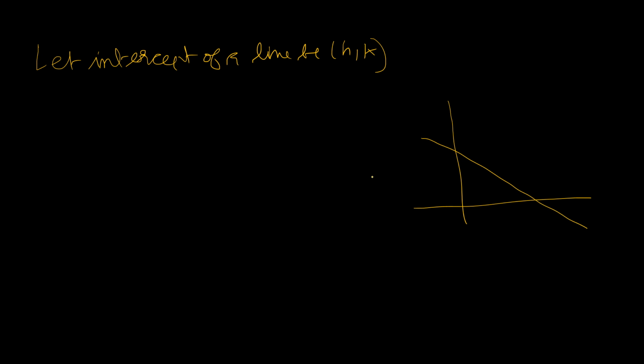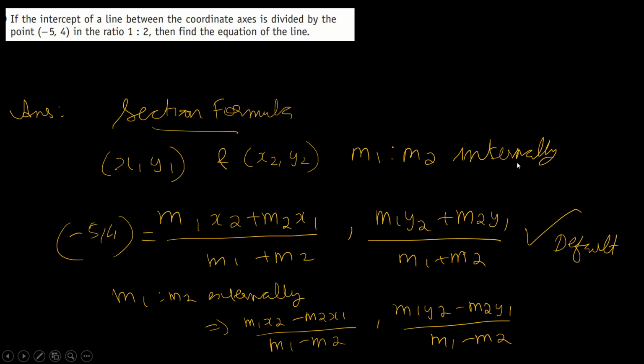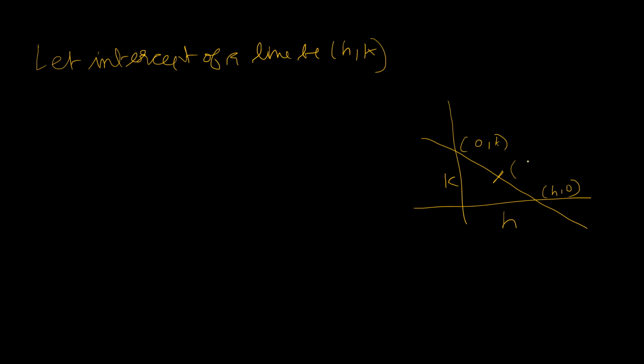The intercept of a line be h comma k means that this is the x-intercept h and the y-intercept k, that is, this will be 0 comma k and this will be h comma 0. The coordinates of the point, minus 5 comma 4, is already given.